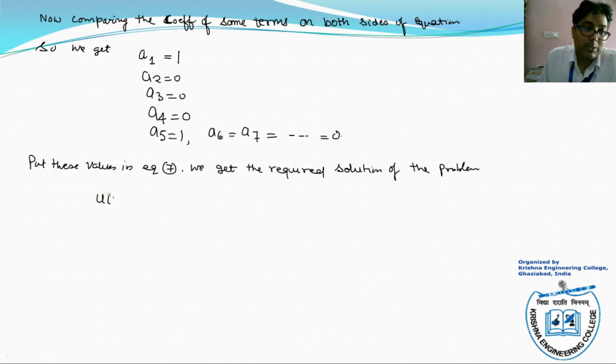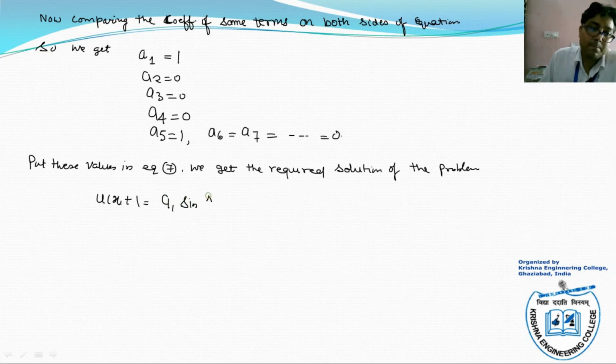So u(x,t) is equal to a1 sine pi x by 2 into e to the power minus pi square c square t by 4 plus a2 is 0, so we put the value of 0.